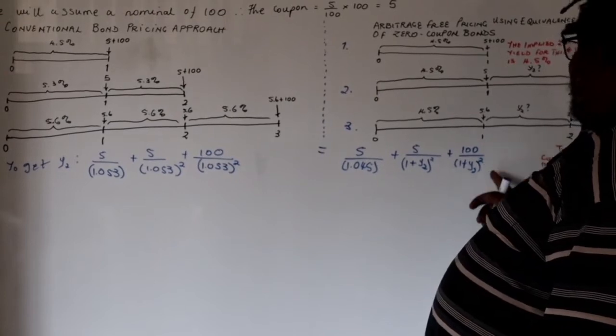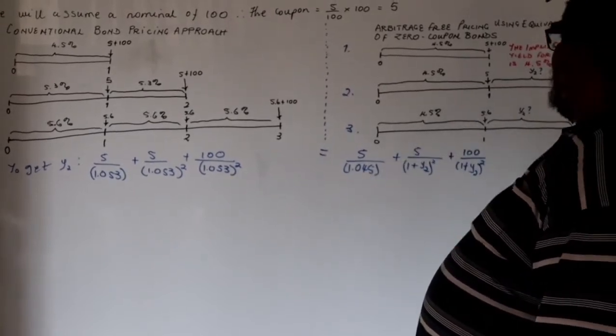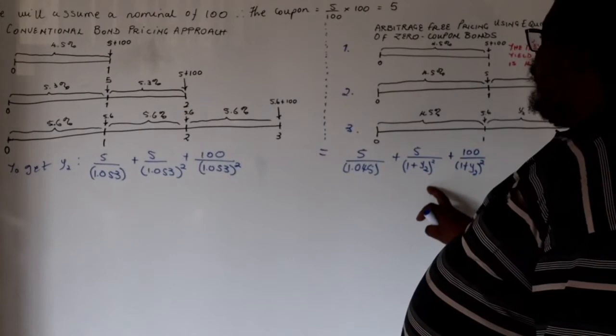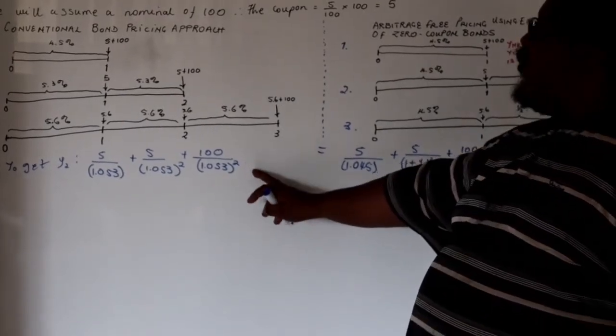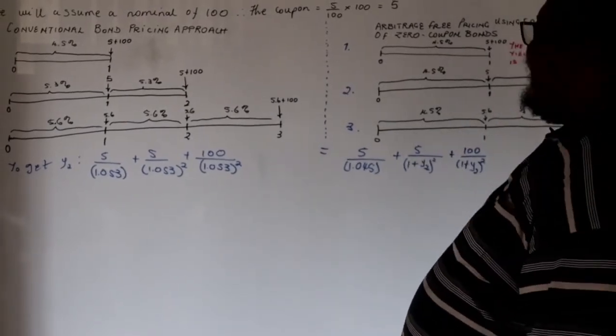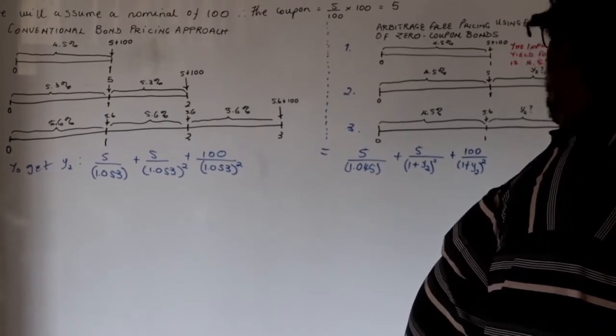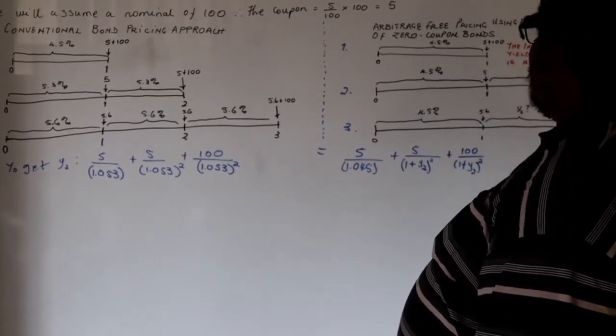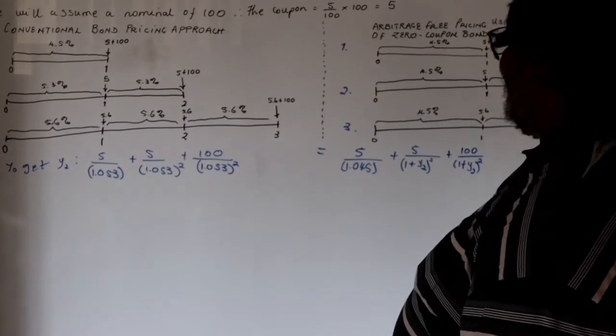you get given back your coupon plus your par value. And the net present value by discounting should be exactly equal to the conventional bond pricing approach. Otherwise, you will have an arbitrage opportunity.